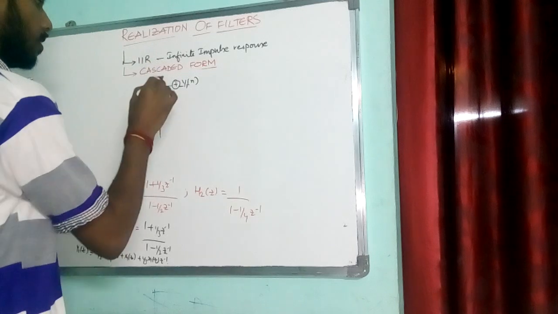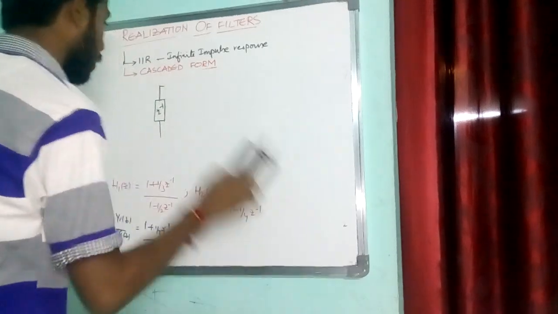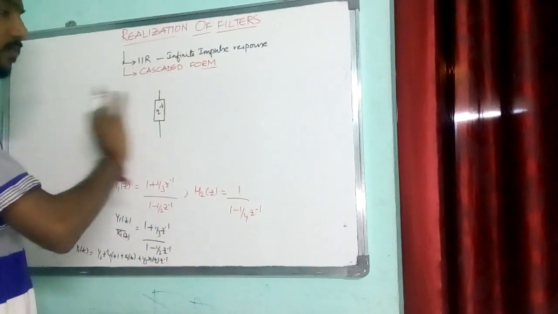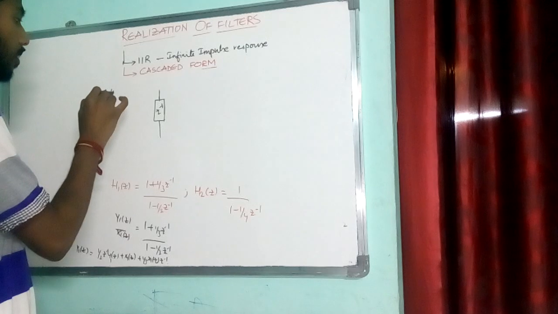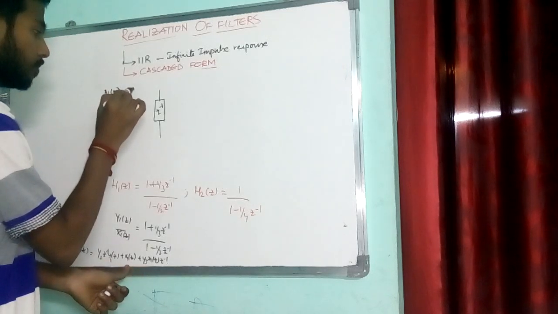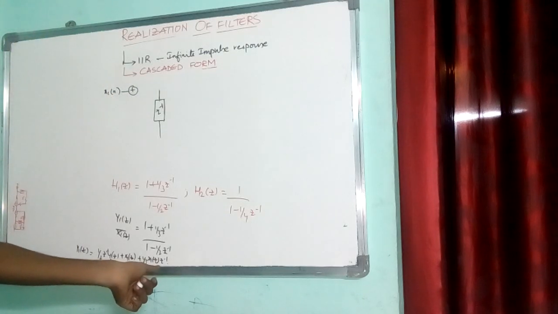After the summer, now I'll come from the x1 of n side. x1 of n should be added with 1 by 3 x1 of z inverse.